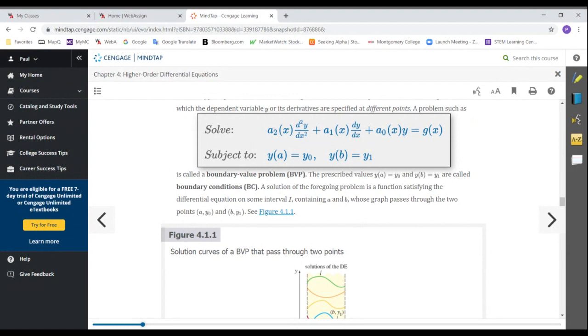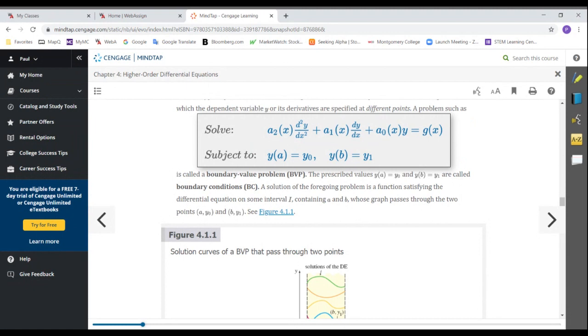So I'm just looking here in the book. So, like, for instance, in section 5.2 in the book, they talk about boundary value problems where they model deflection in a beam. And deflection in a beam can be modeled with a boundary value problem. So here you have a differential equation subject to two conditions, but notice the y sub a equals y sub 0 and y sub b equals y sub 1.